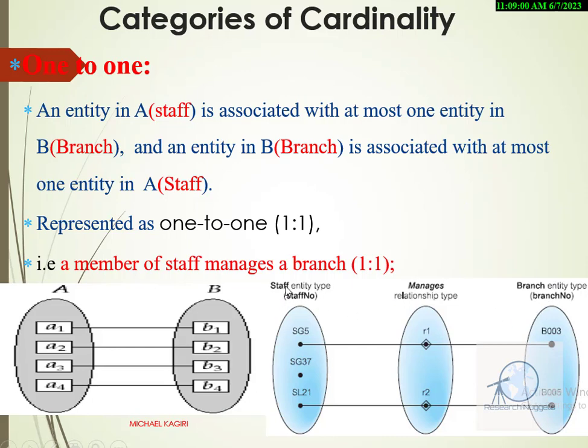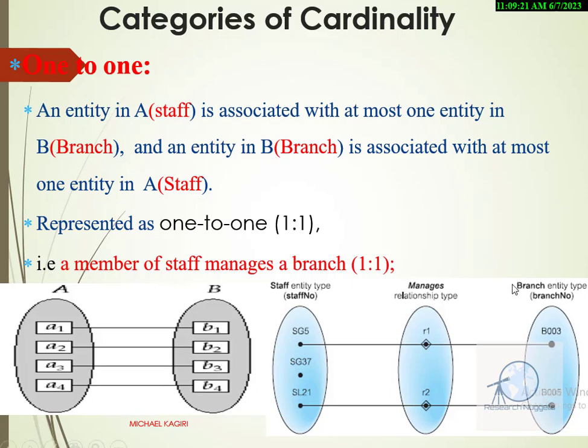A staff can only manage a maximum of only one branch, whereas a branch can only be managed by a maximum of one staff. That's what we are implying, a one-to-one kind of relationship.